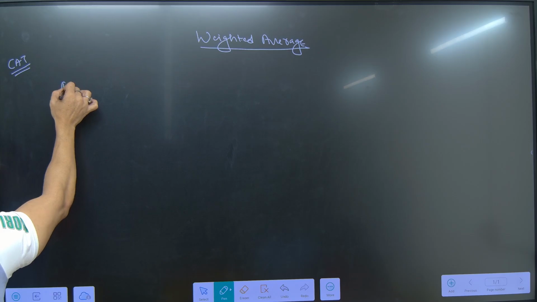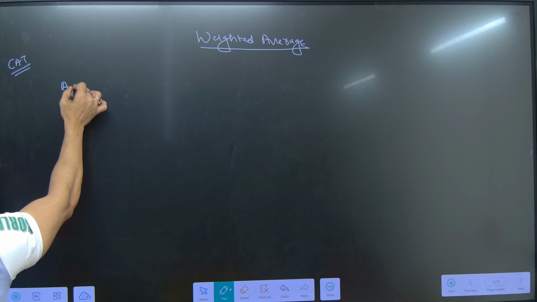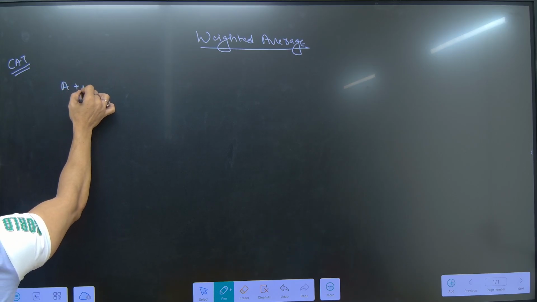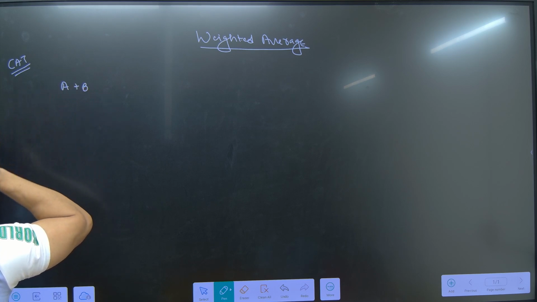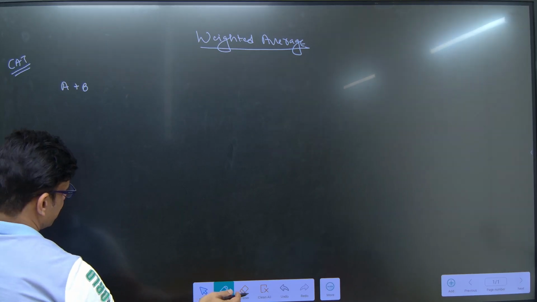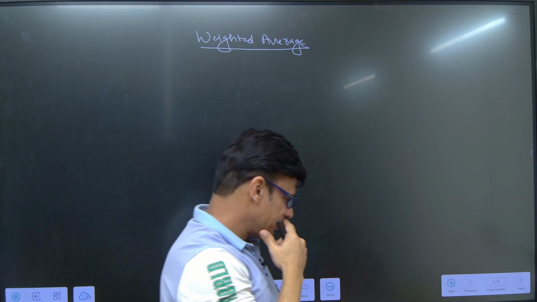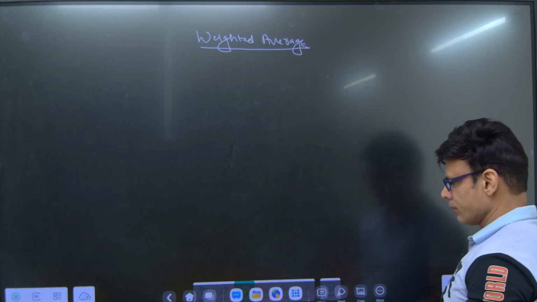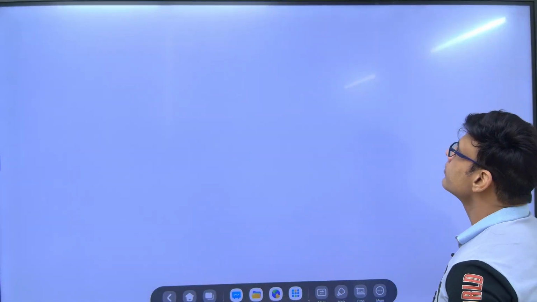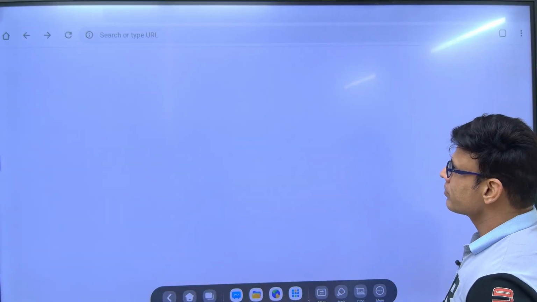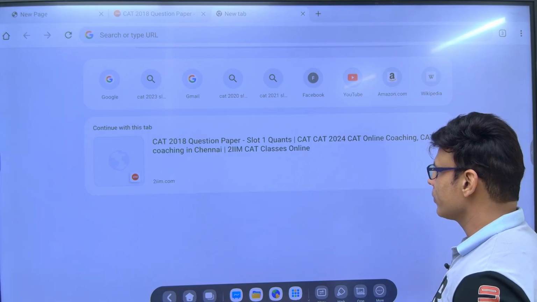They say if the sum average of A and B, something like this. Okay. Let's take it online only. Average PYQs, average question PYQs.